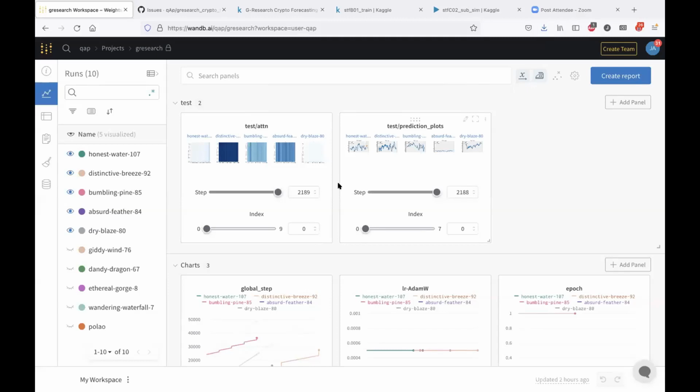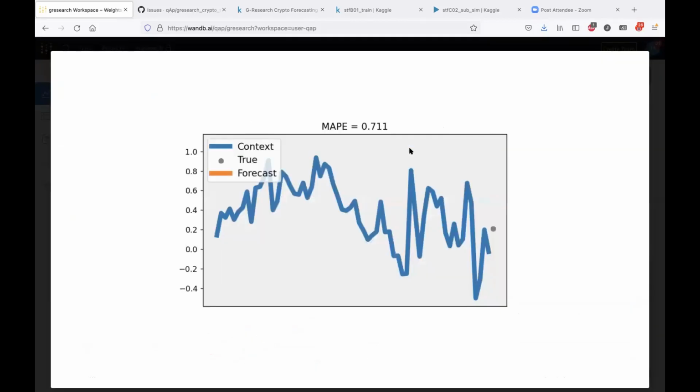So I don't really have any significant improvements to report. In the past week, I've tried training with different context lengths. I think the context is something similar to the encoding length that you guys have been talking about.